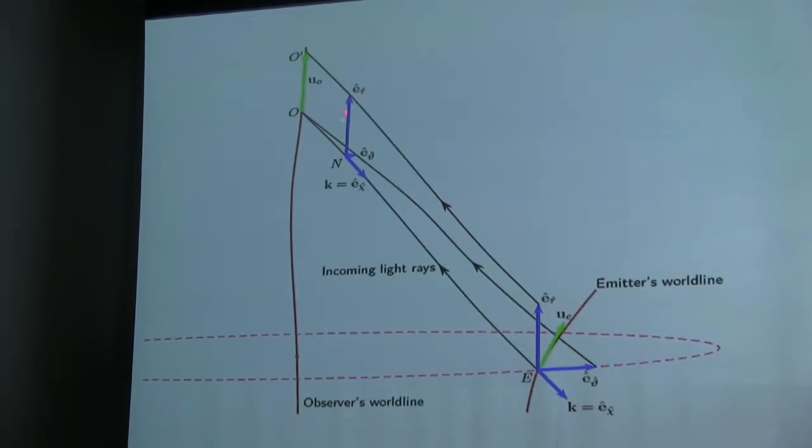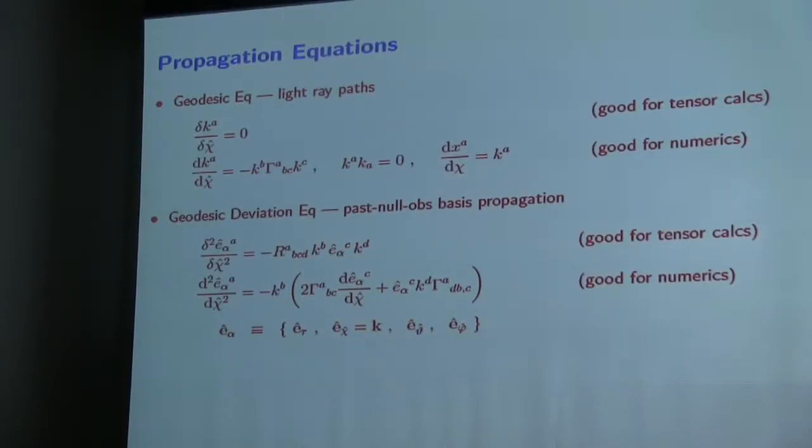And what we're doing is propagating these as geodesic deviation vectors down the past null cone to here. So we're going to get the propagated basis vectors at each point down the past null cone. Now, in order to actually do the numerical integration, we start by finding the paths, that is the null geodesic equation.